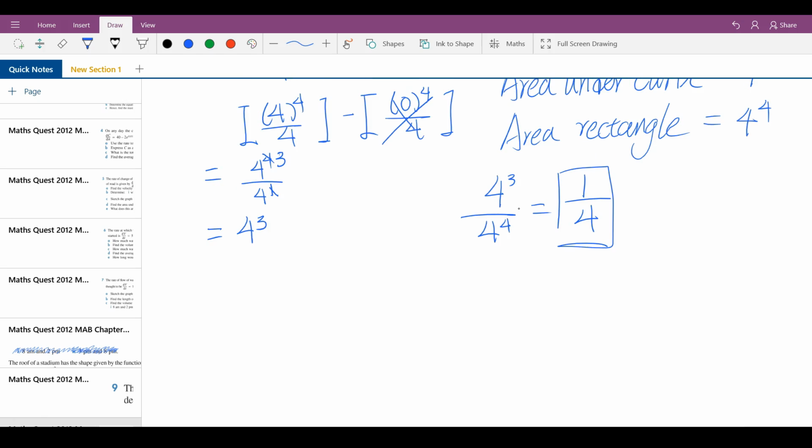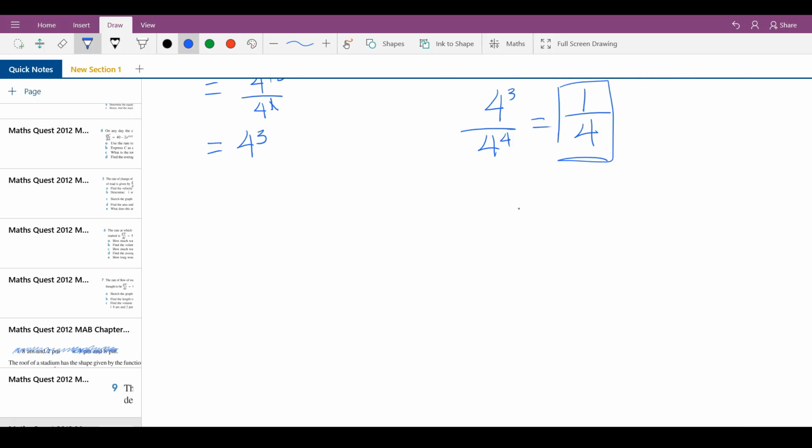But we just proved it for a single number. You know, we can get lucky. We just choose a single number, the right number, and it happens to come out to be 1/4 of the area of the rectangle. So since it works for one number, let's check if it works for any number.